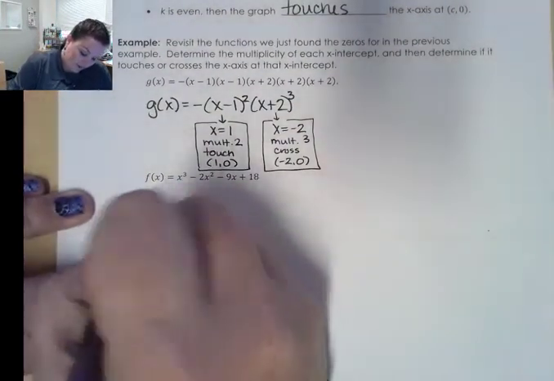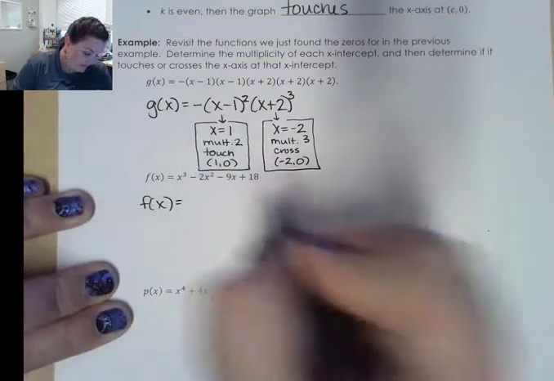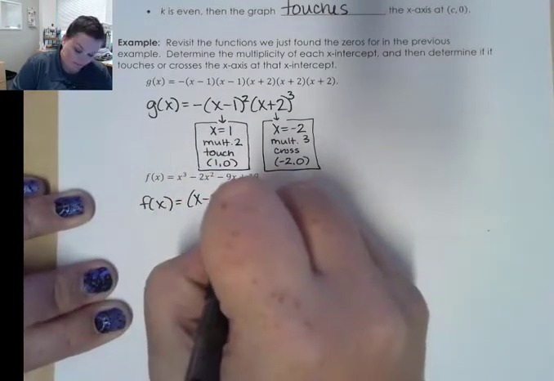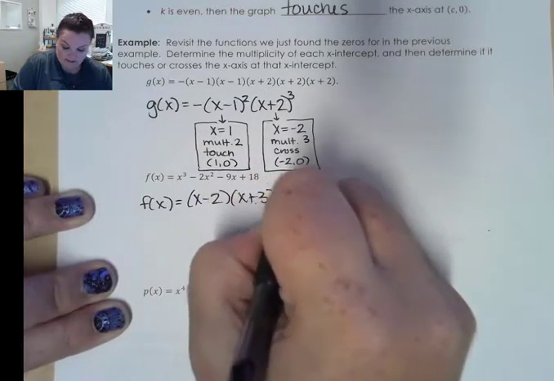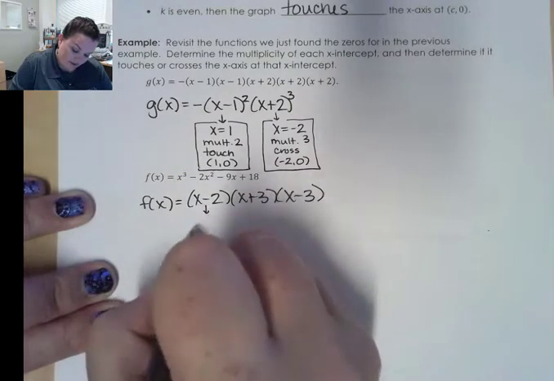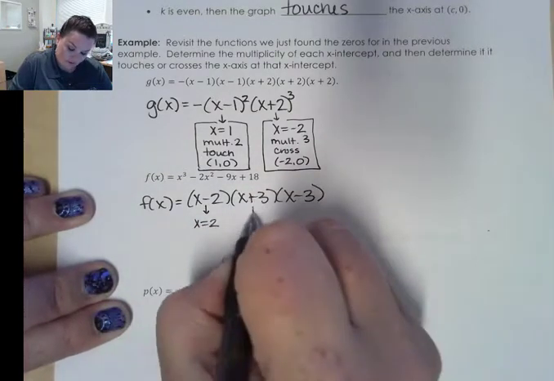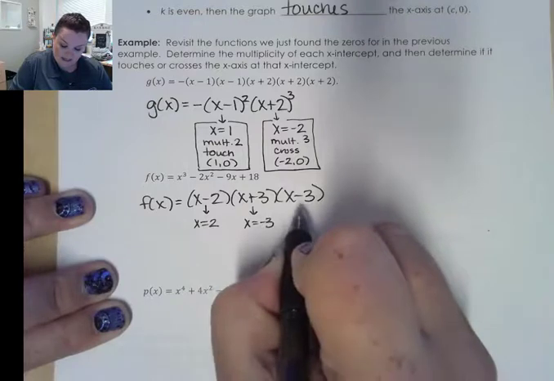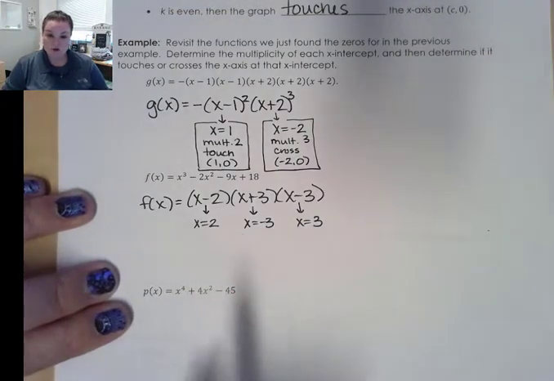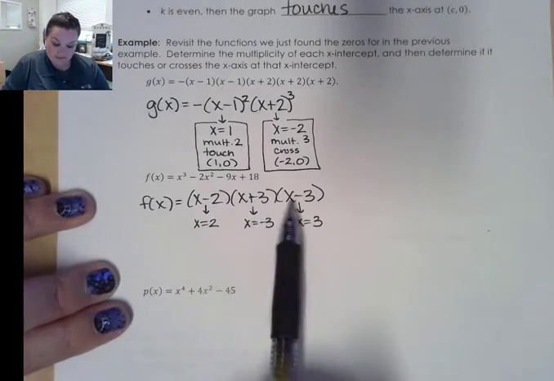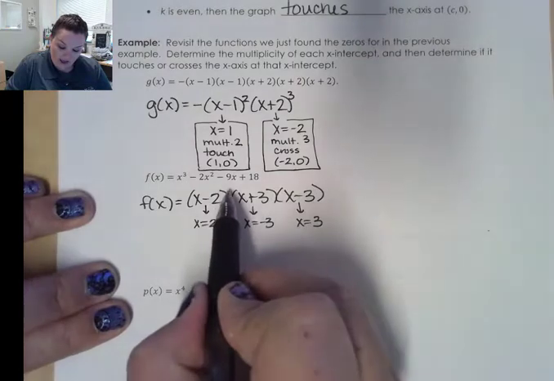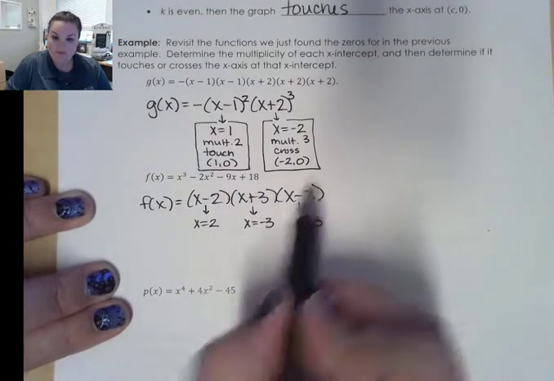When we fully factored this, it ended up being x minus 2 times x plus 3 times x minus 3. And when we solved them, this factor gave us a positive 2, this factor gave us a negative 3, and this factor gave us a positive 3. And notice, if you look at each of these little factored quantities, I don't have more than one multiplicity, right?